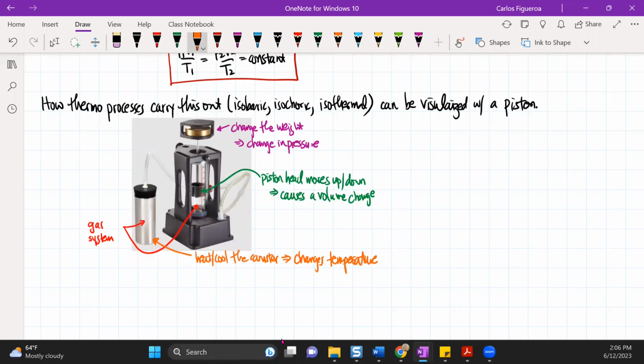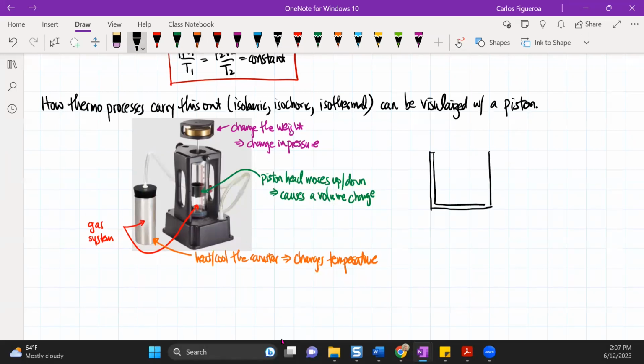So you can see that according to the ideal gas law, there's a way to change the pressure, the volume, and the temperature. Now, to simplify this process, I'm going to draw a piston that looks something like this.